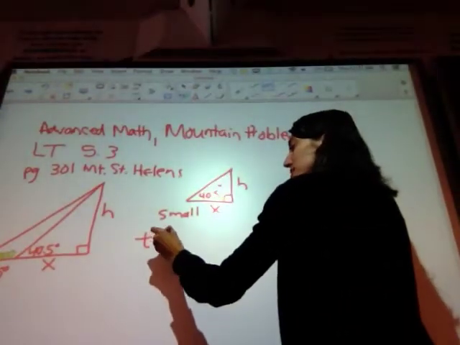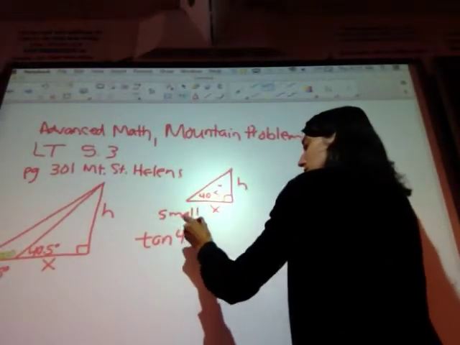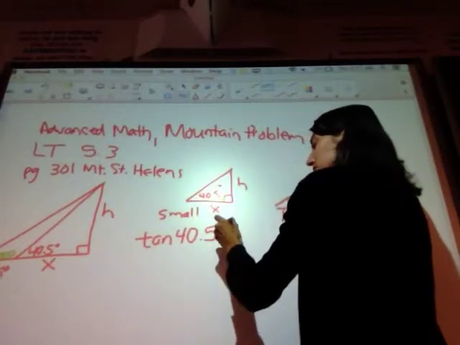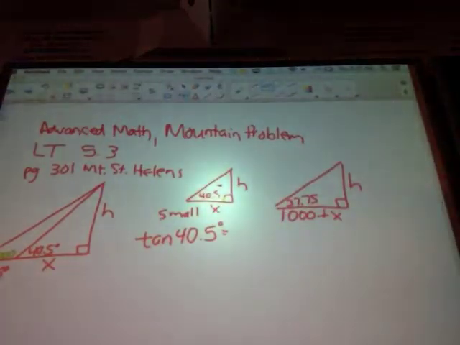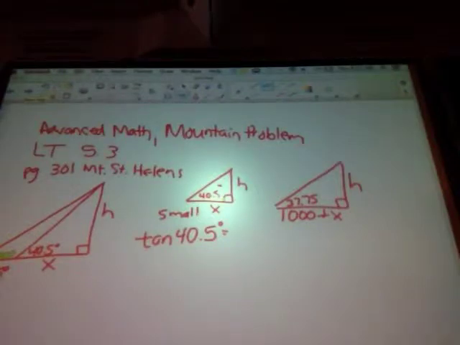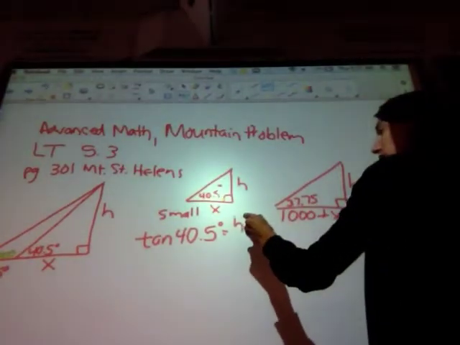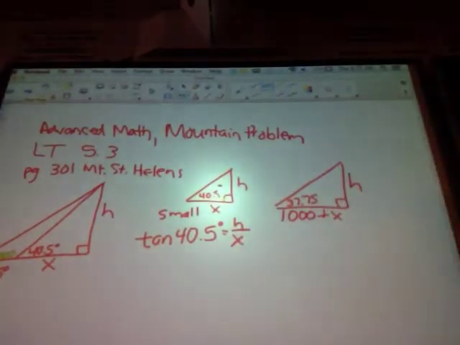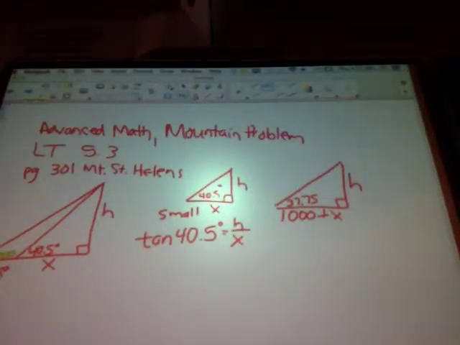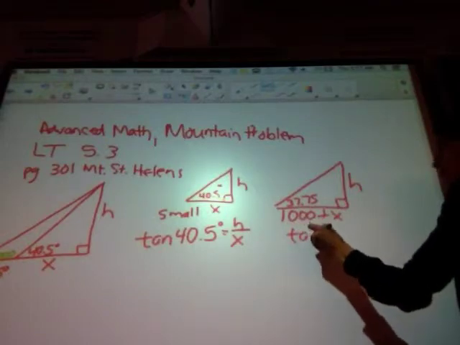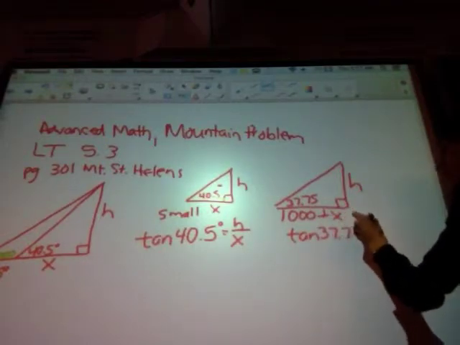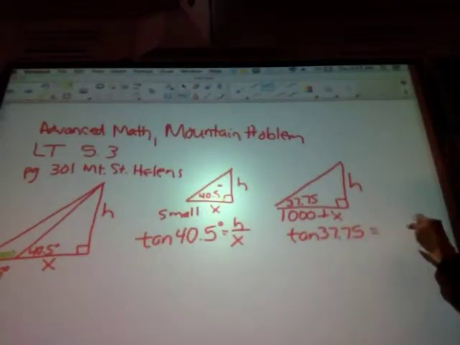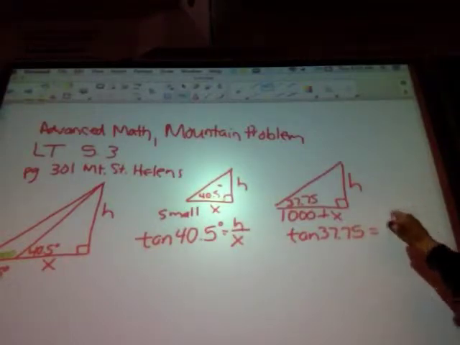So we would have tangent of 40.5 degrees equals H over X. You have tangent of 37.75 equals H over 1,000 plus X.